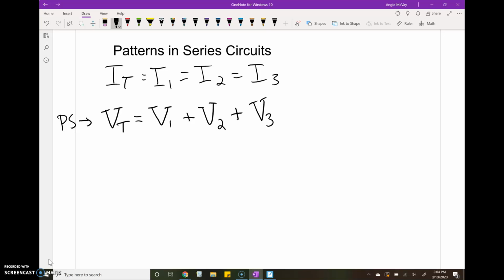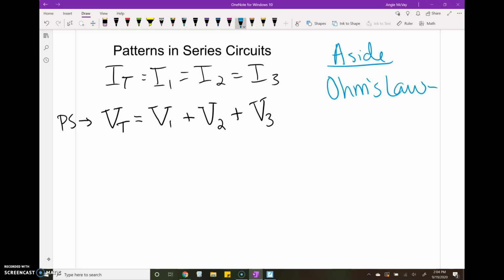So now with a little aside, let's go to the side here. Aside, we've got a thing called Ohm's law at play, right?